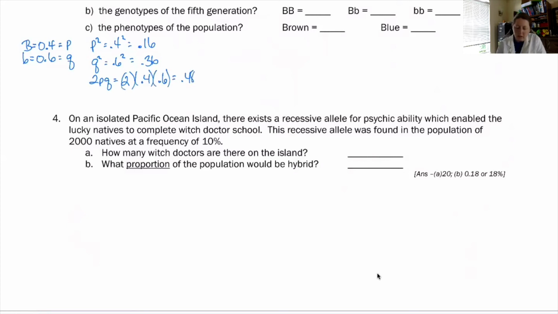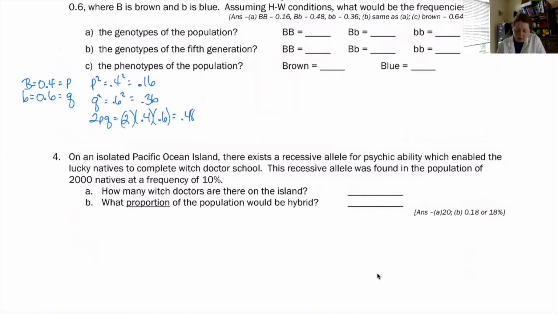Okay, so now I can put those values in here. So again, big B, big B, that is my homozygous dominant, is 0.16. Big B, little b is 0.48, my heterozygote, and little b, little b is 0.36.